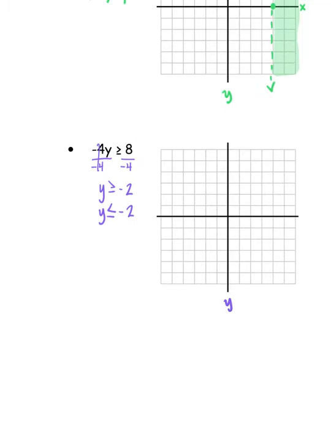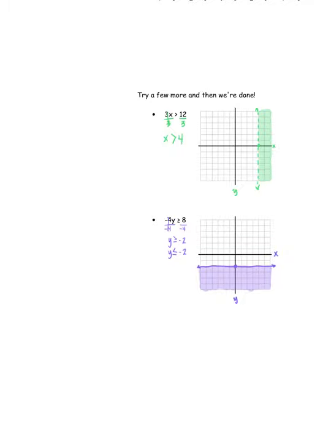So again, I have my y and my x. I'm going to put my point at -2. And in this case, it's less than or equal to, so I'm going to have a solid line. And I want all numbers less than, so I'm going to go below the line and shade down here. Okay.